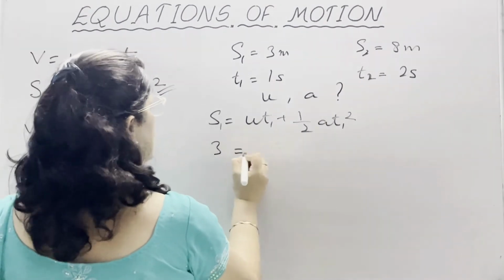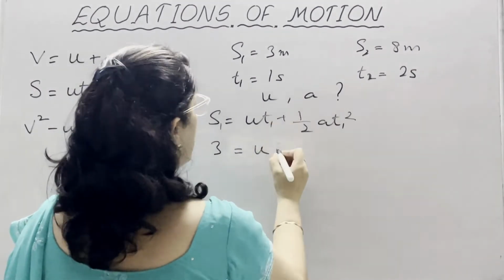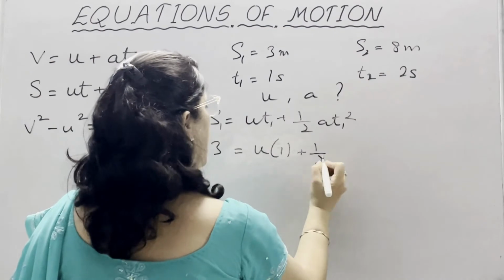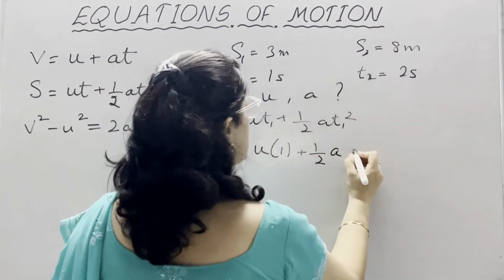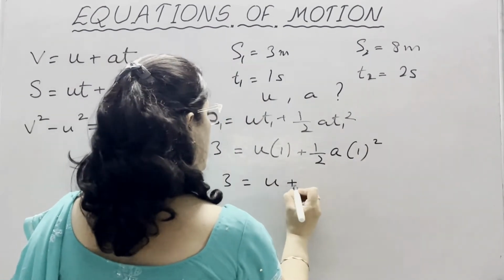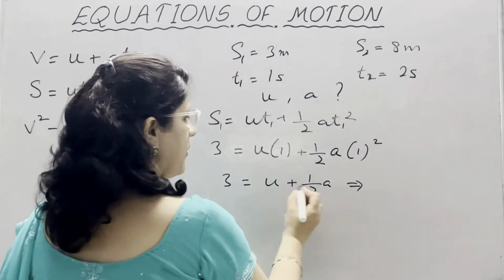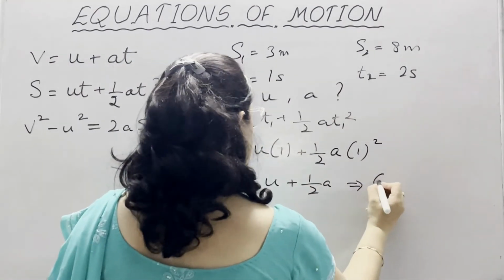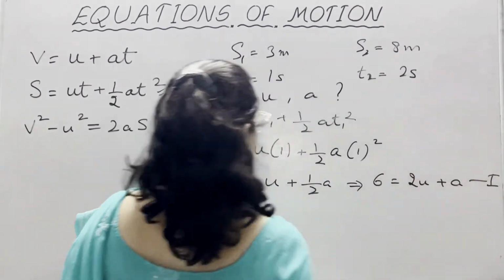This is 3 is equal to U times T1, then half acceleration A and T1 is 1 square. So 3 is equal to U plus half A, which means by taking LCM, 6 is equal to 2U plus A. This is our first equation.